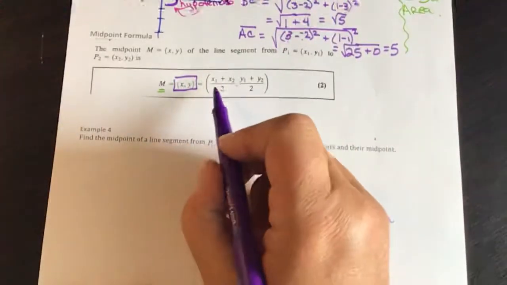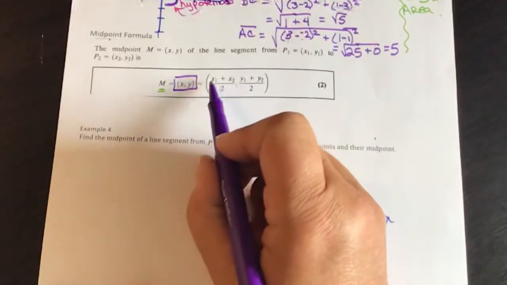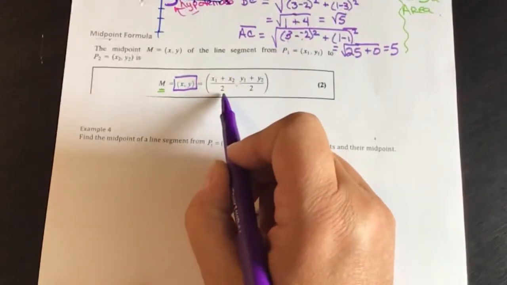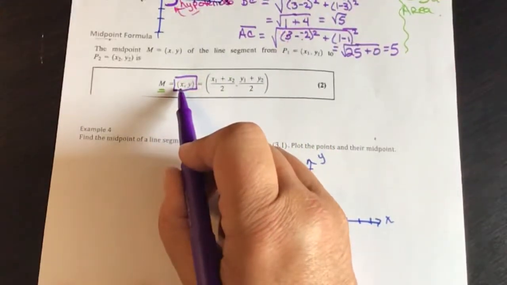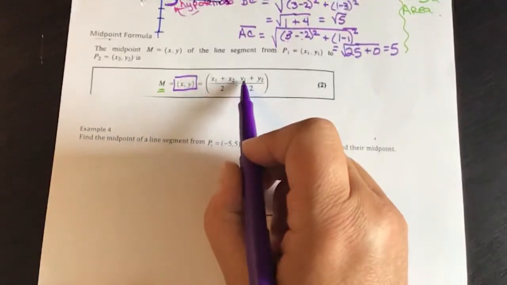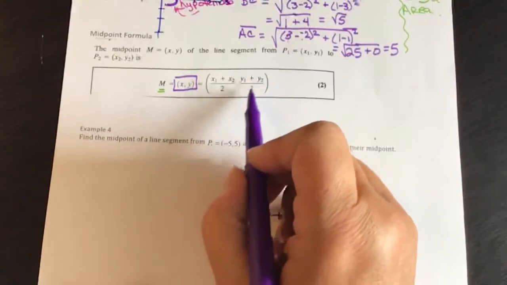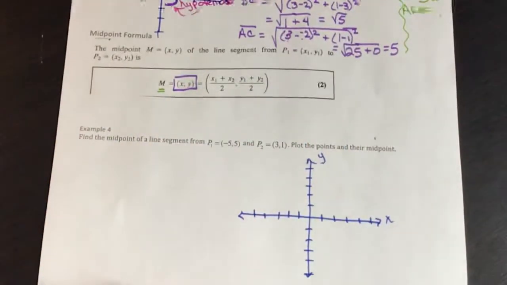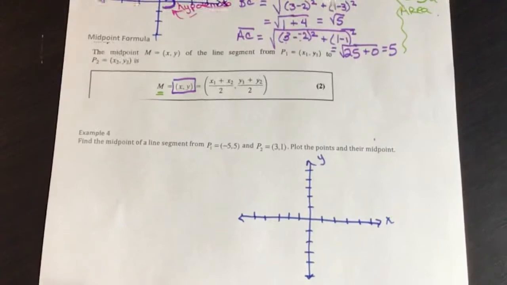If I take the 2 points, I'm going to add up the x coordinates and divide by 2, and that will give me the midpoint x coordinate. Then I'm going to take the 2 y coordinates from the 2 points, add them up, divide by 2, and that would be the midpoint y coordinate.